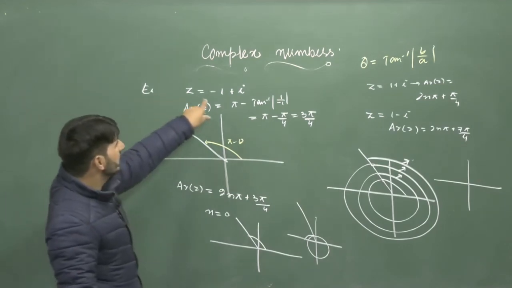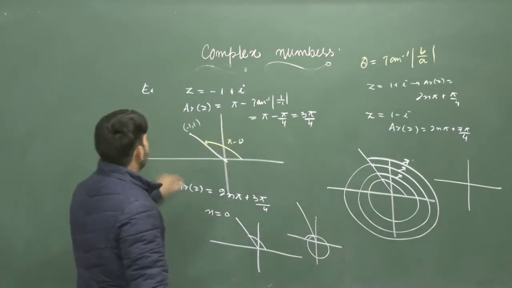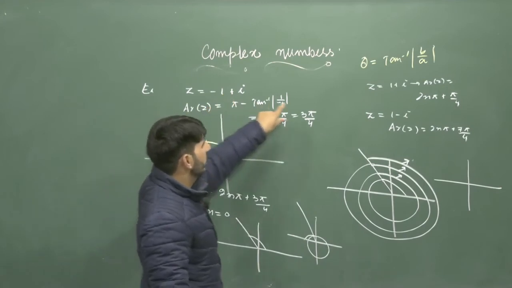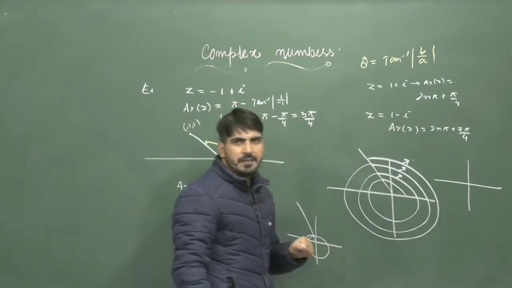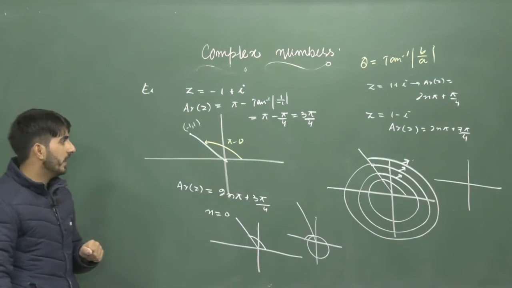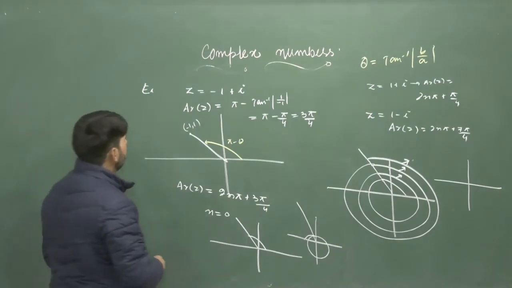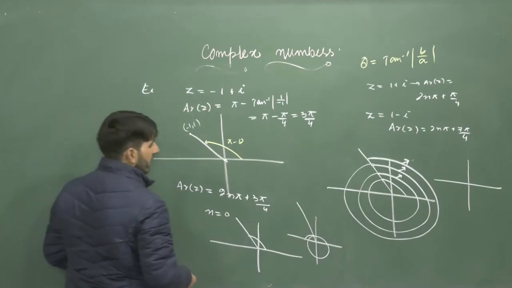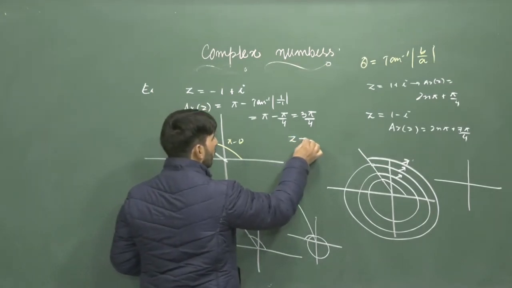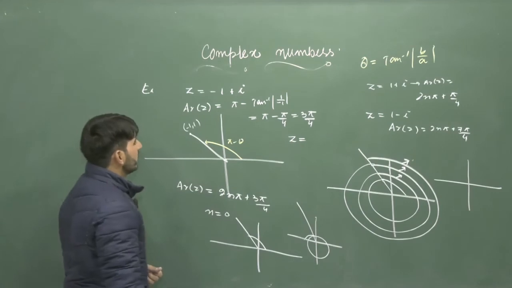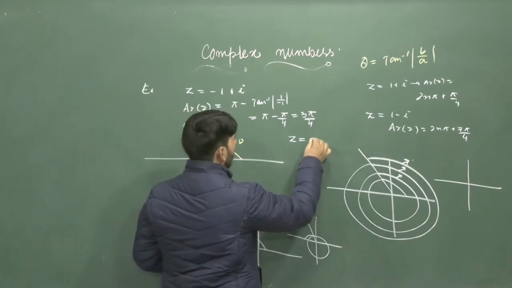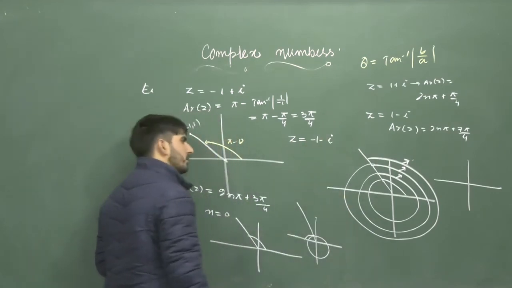The modulus of these two complex numbers, say -1 + i and 1 - i, is the same, but the angle is different. Now you can take another complex number and calculate its argument, say -1 - i.